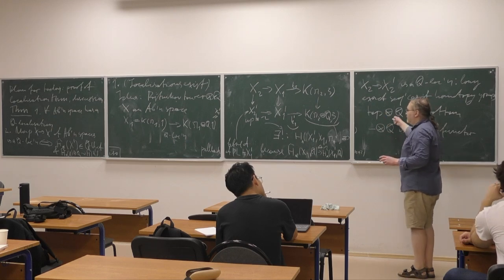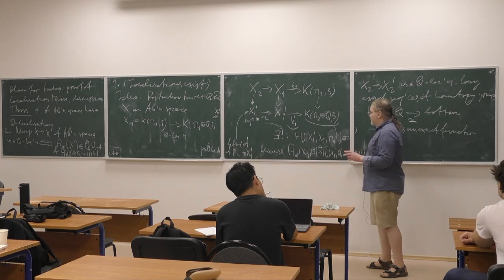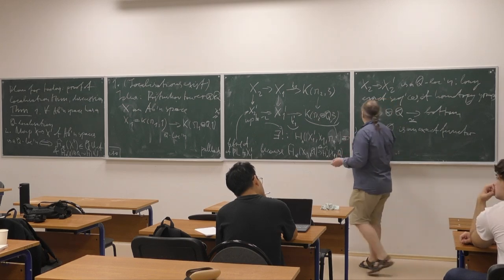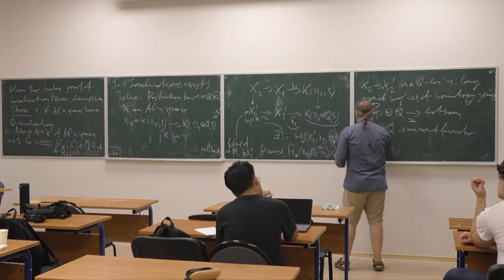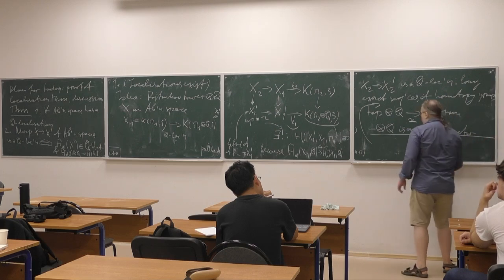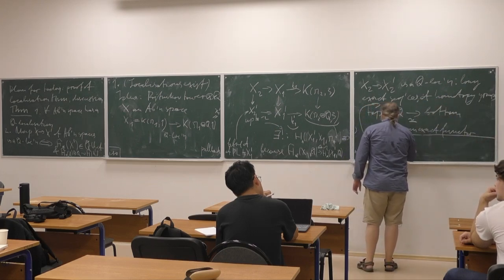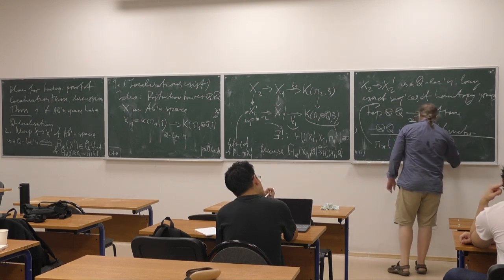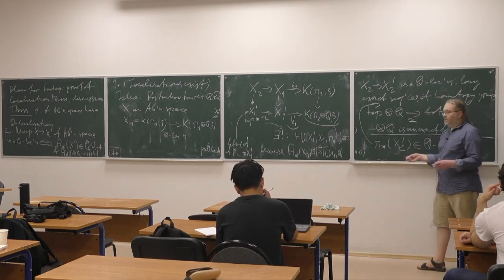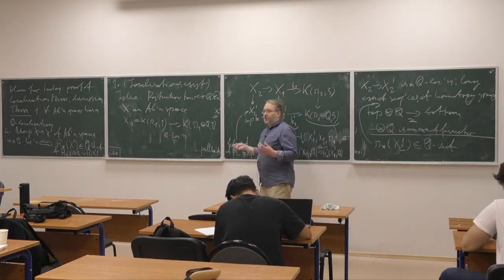Before I claim that the top one tensor Q maps to the bottom one, I need to know that the homotopy groups of X2 prime are Q vector spaces.